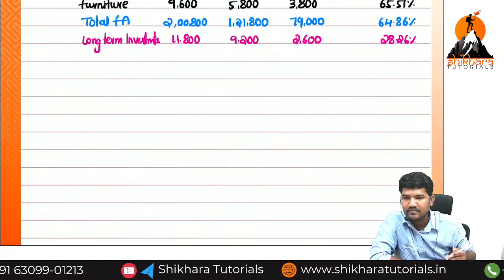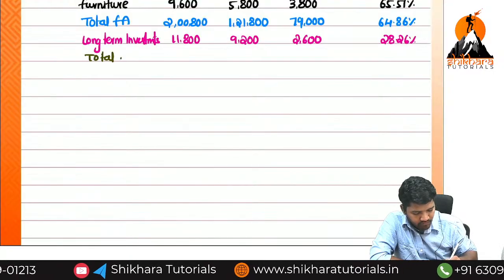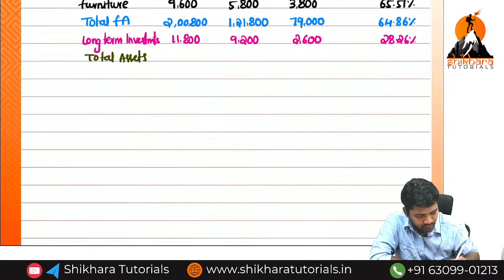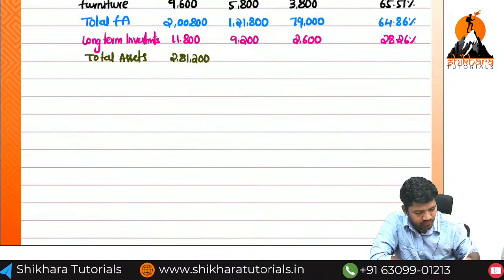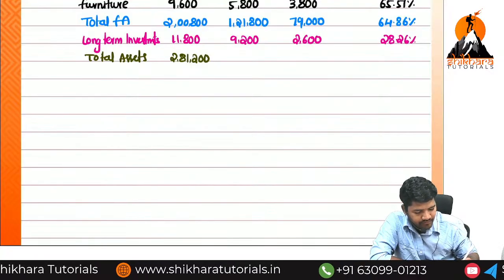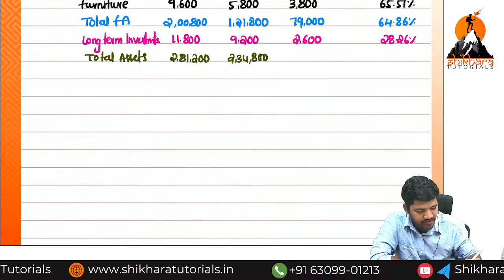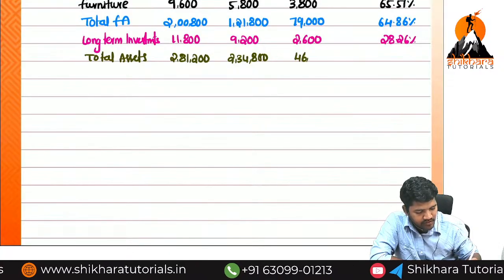total assets. Values, please. 2,81,200. Previous year? 2,34,800. Change, please. 46,400.